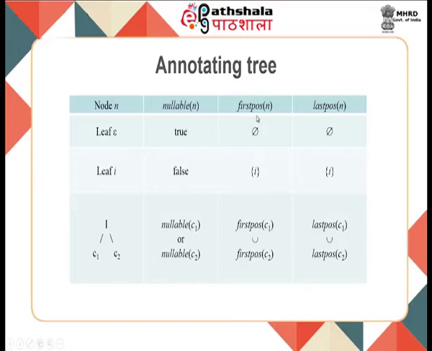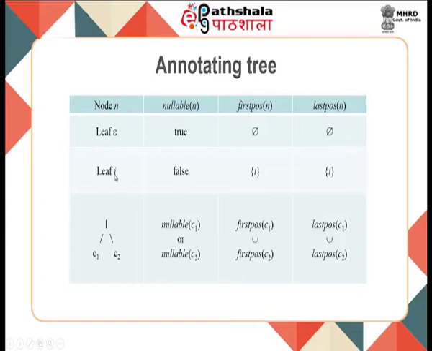Okay. And the first position of that node is null and the last position of that node is also going to be null. So, this is how the definition of epsilon holds. Supposing you have a node n and it is a leaf node, then nullable of that node is true, the first position of that node n is null and the last position is also null.